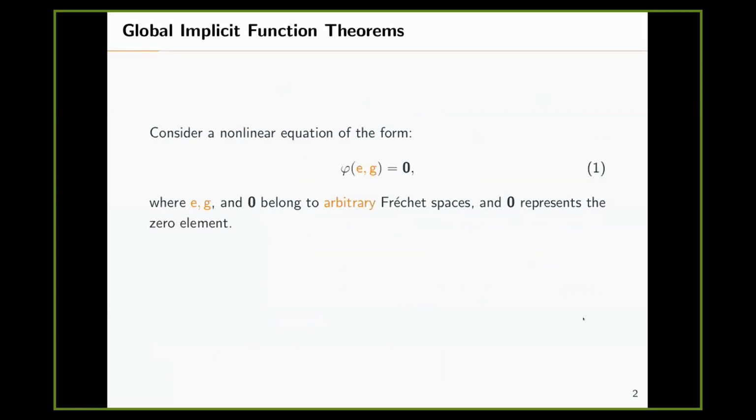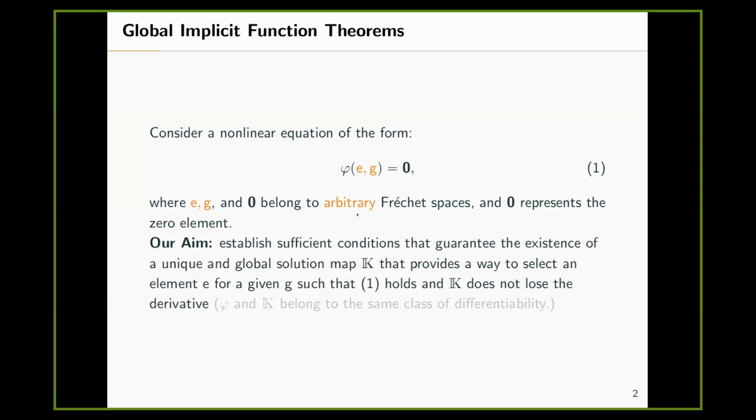So consider a nonlinear equation. Here, E and G and 0 are elements of arbitrary Fréchet spaces, and phi is a continuously differentiable mapping in a sense that I will explain. I particularly emphasize the arbitrariness and just continuous differentiability of the mapping because we aim to obtain the most general result possible.